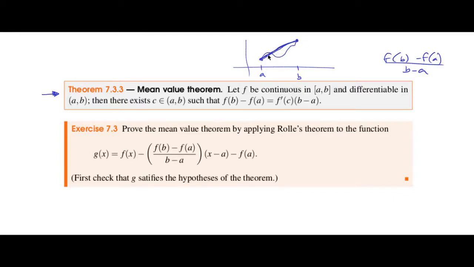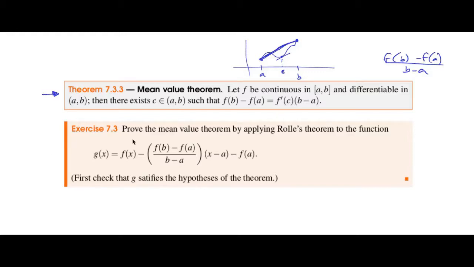What this is saying is that there's a point c in which the derivative at this point is the same as the slope of this line. So, for instance, this point here. And this is true as long as these hypotheses are met.